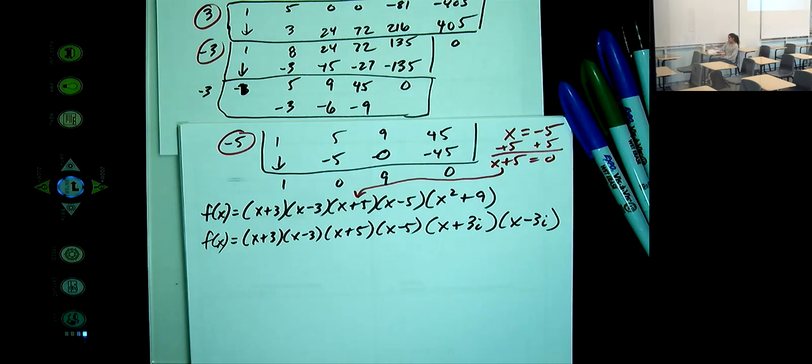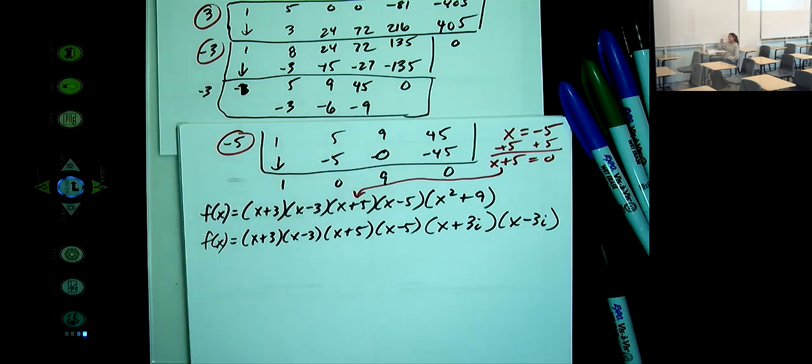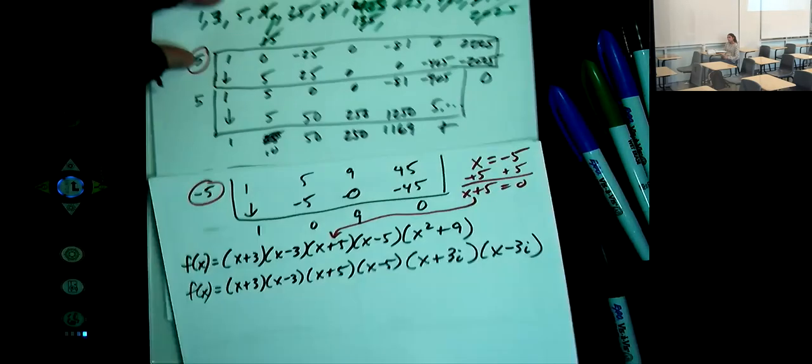And that's our f of x. These are the coefficients of... you always do the bottom row. Let's go back all the way up to here.